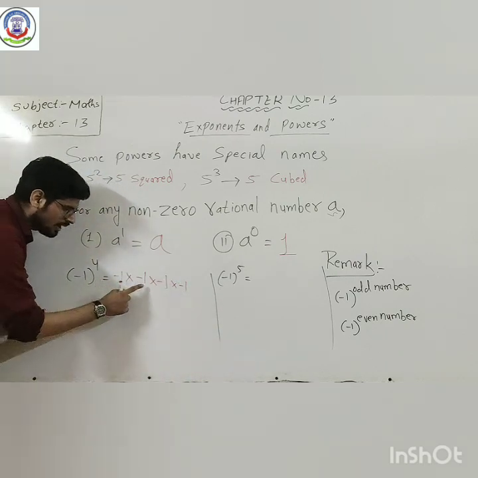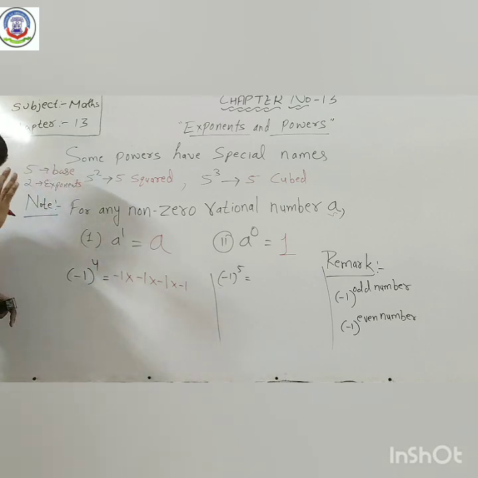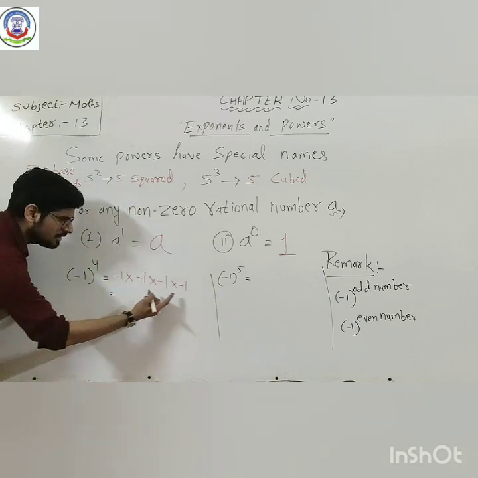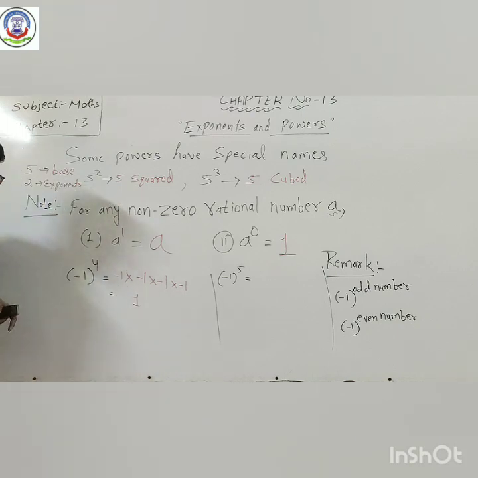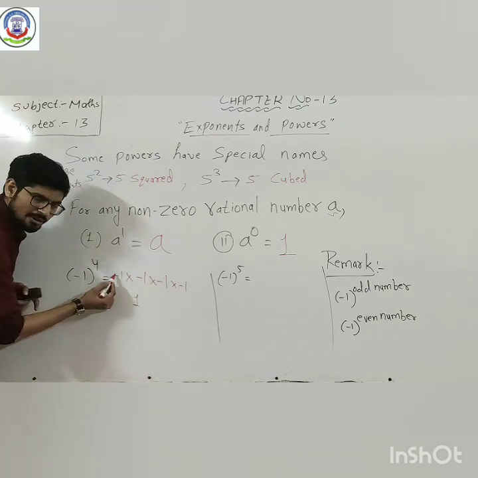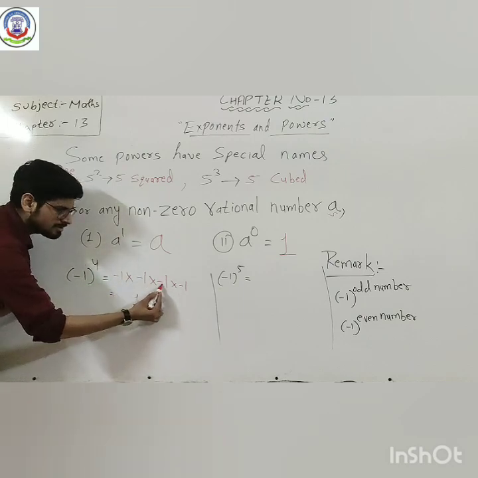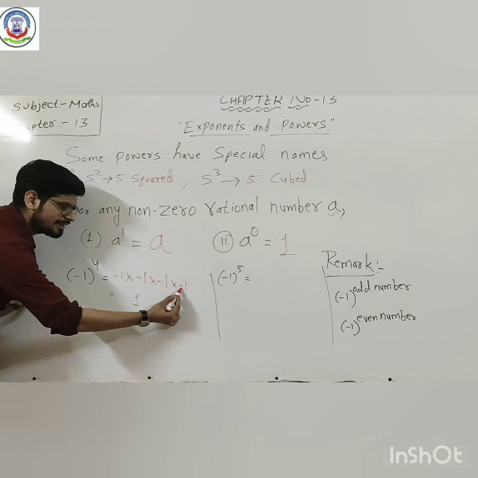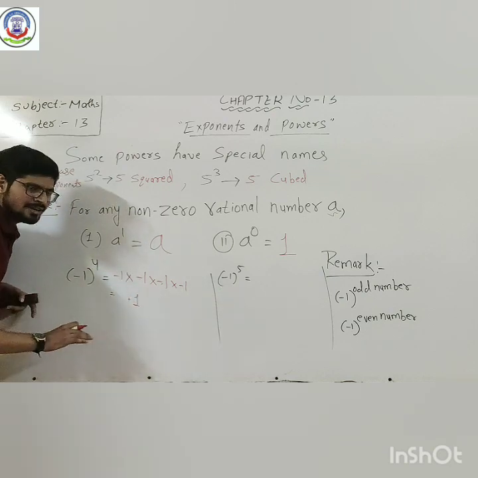How many times? 1, 2, 3, 4, because my exponent is 4. So 1 multiply 1 multiply 1 multiply 1 is 1. And talking about the signs, minus minus is plus, plus minus is minus, again minus minus is plus. So you will get plus 1, or we can say 1.